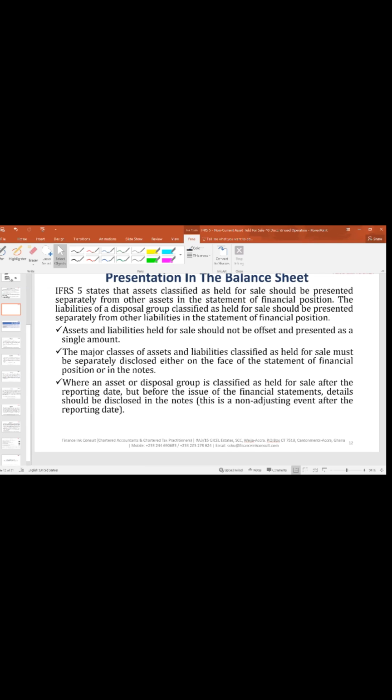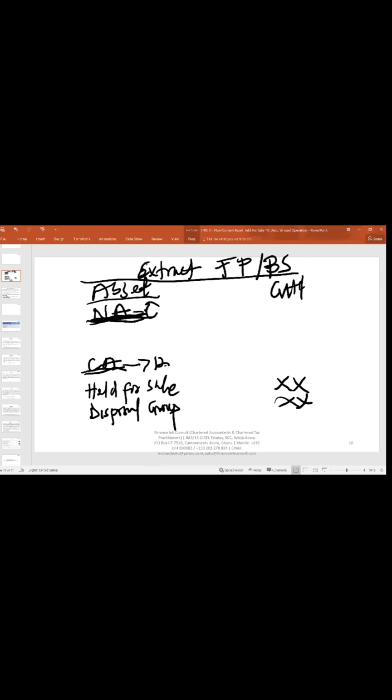So it is possible that this same asset that we are classifying as held for sale, we may have some liabilities associated with the asset. Example, I bought the asset from Meshach. Meshach said the asset is 5,000 and I've paid 3,000.